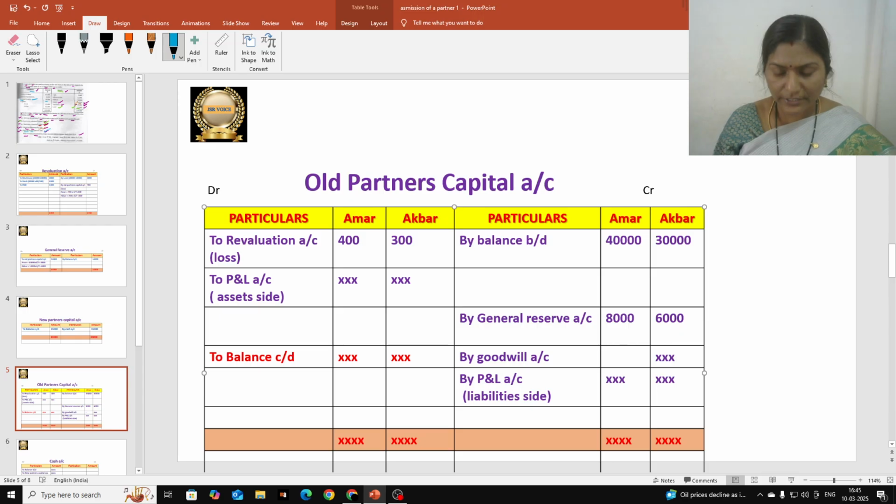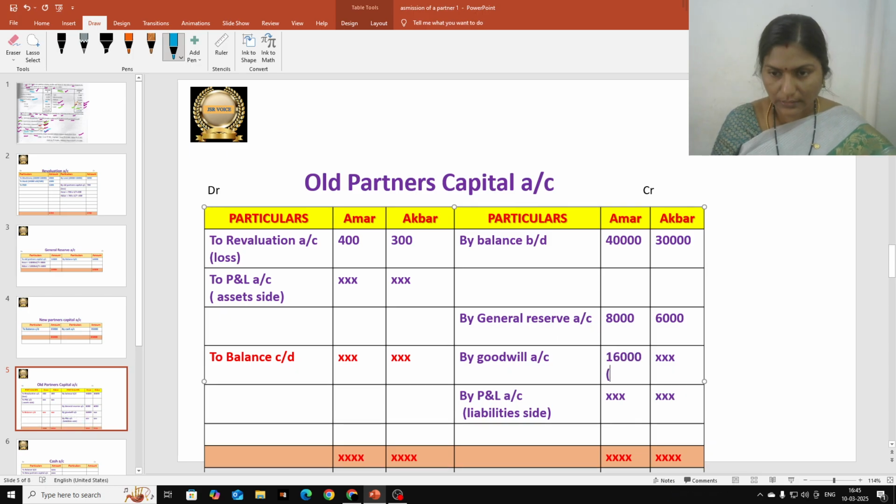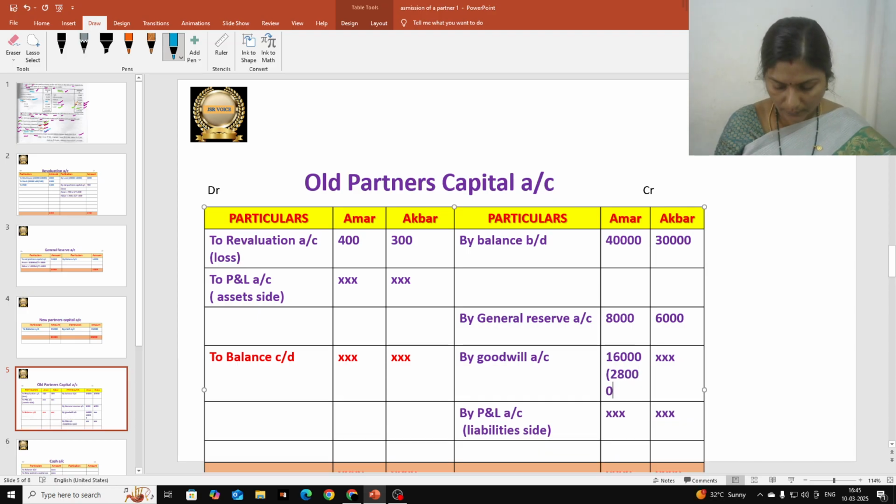First we will distribute for Amar. So 28,000 into 4 by 7. How much do we actually get? 16,000 we get. So we should distribute that here. 28,000 into 4 by 7. You should distribute like that.